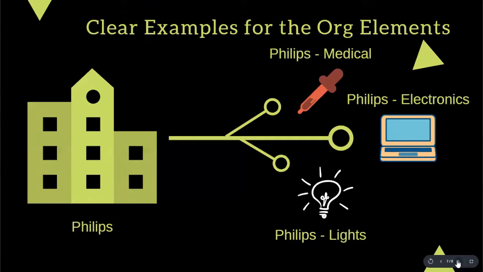For now, I'll give you a clear example of what I mean by the client and what I mean by the company code. Here, Philips is a company that wants to implement SAP. Philips is one entity which includes all the different entities like Philips Medical, Philips Electronics, Philips Lights.